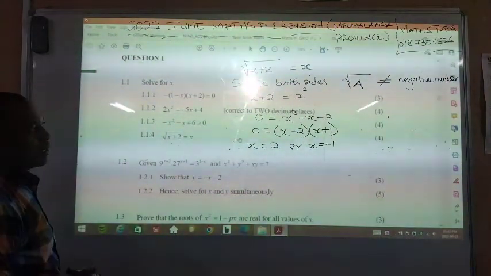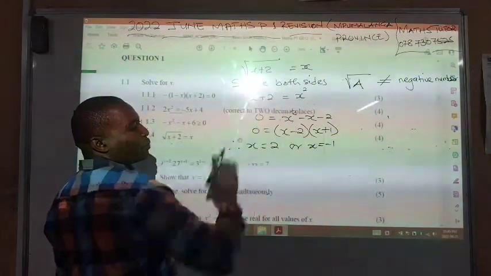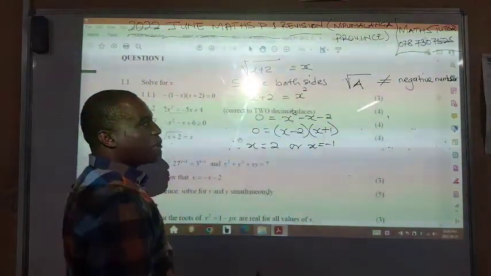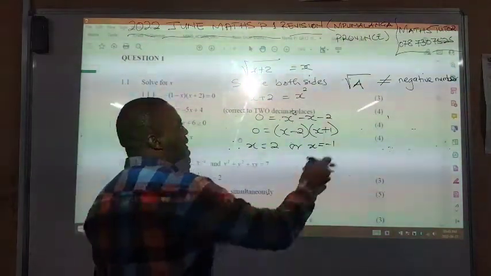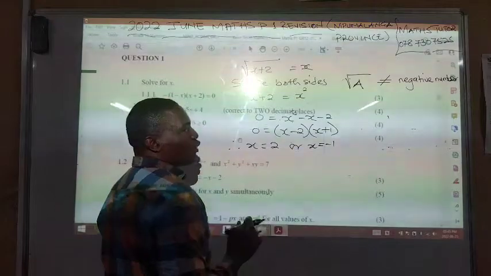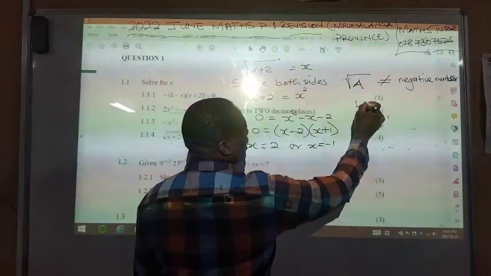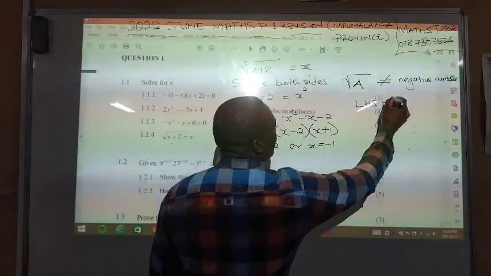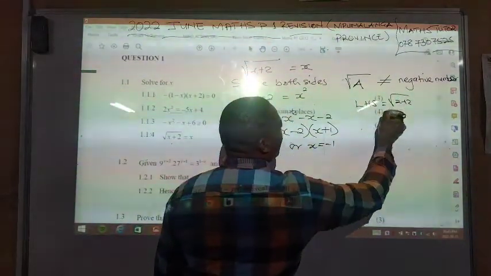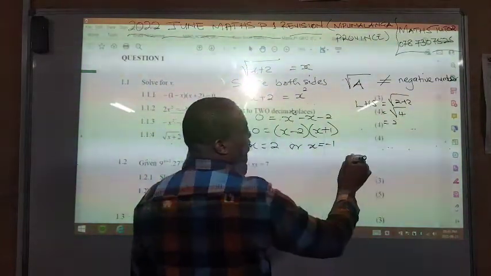So we need to check by substituting these values into our equation and see what happens on the left side and what happens on the right hand side. And is this fulfilled? So if x is 2, the left hand side will be square root of 2 plus 2, which is square root of 4, which will be 2.